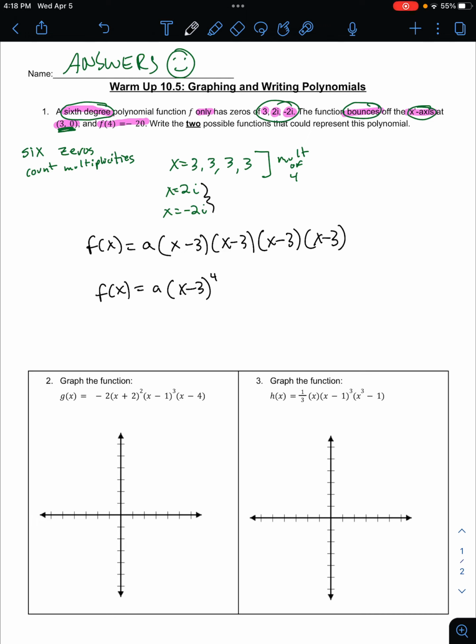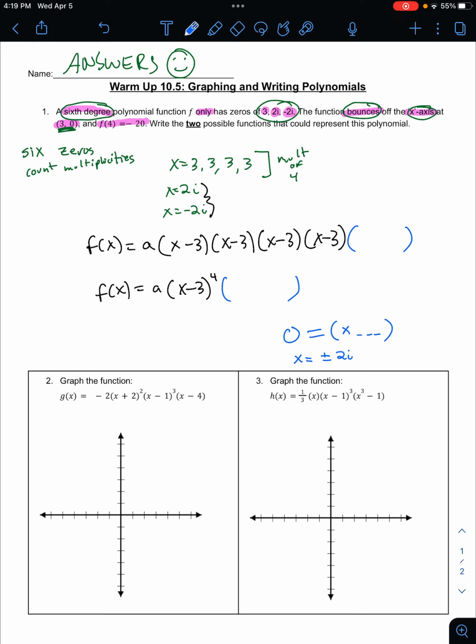So the other question is, what do I do with these 2i and negative 2i? And the answer is I have to think about what would produce that, right? What would my factor be here such that when I use the zero product property and I say 0 is equal to this factor, my solutions come out to be x equals plus or minus 2i.